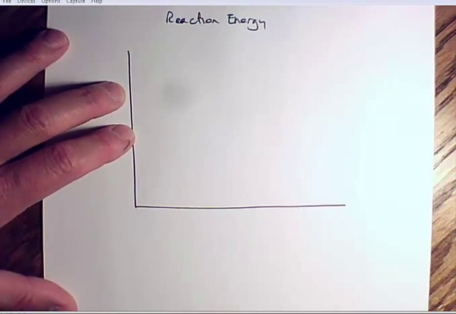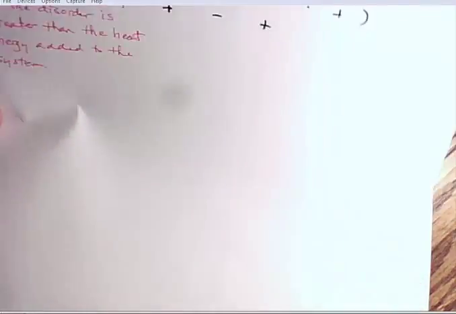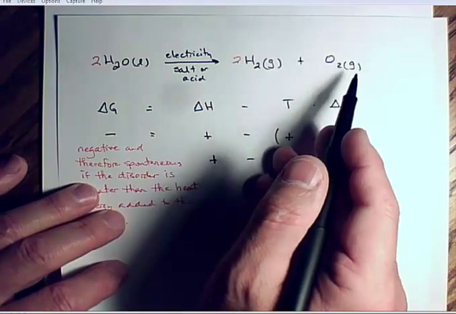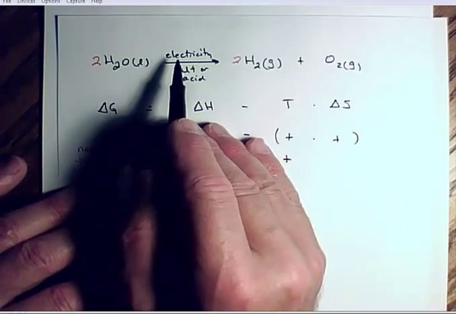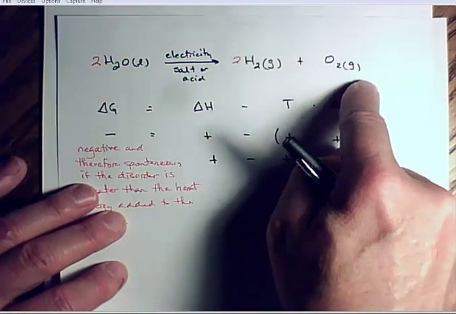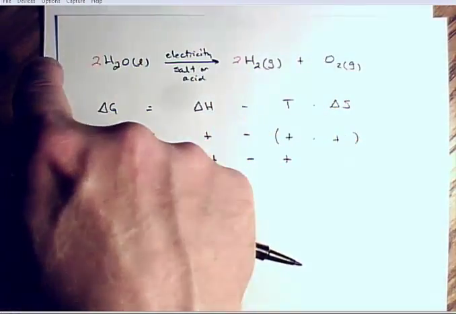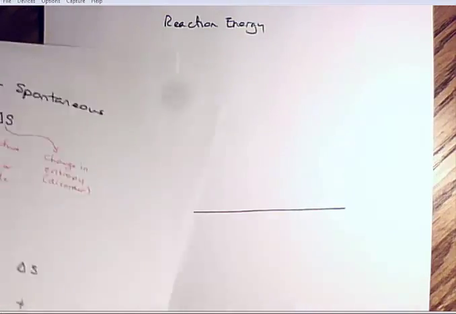A moment ago we were looking at the equation where we had water being changed into hydrogen gas and oxygen gas. We're talking about the energy being added to it. The question is about what happens with the energy over the whole process of this reaction. As we go from the beginning to the ending, what's happening with the energy overall within the system?